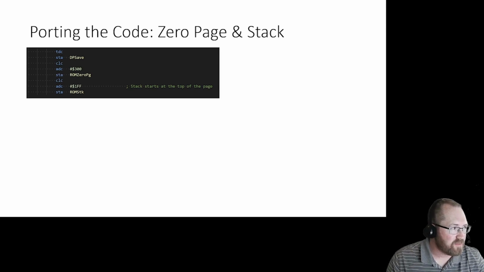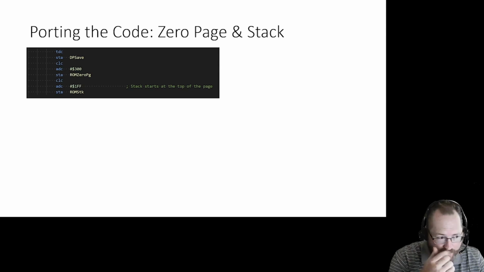This is actually pretty simple. So GS/OS applications, when they start up, are by default given 4 kilobytes of shared direct page and stack space. The direct page is pointing to the bottom address of that 4K range, and the stack pointer is at the top of that range. So what we do is really just take some of that and allocate it for the Nintendo.